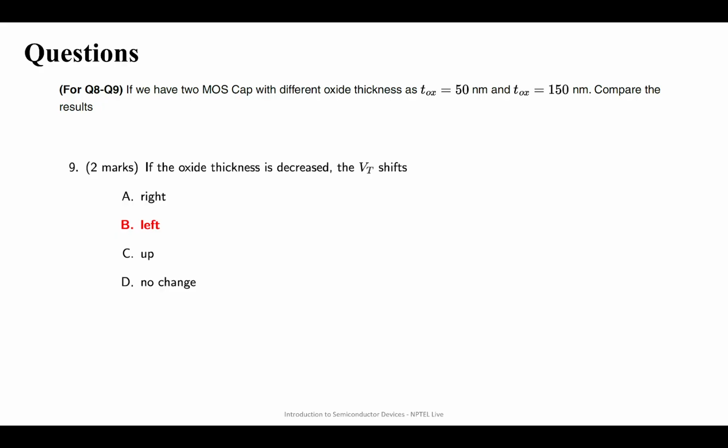That is incorrect. VT will shift towards the left because your oxide thickness is decreasing. So your Cmin will decrease and your VT will shift towards the left.